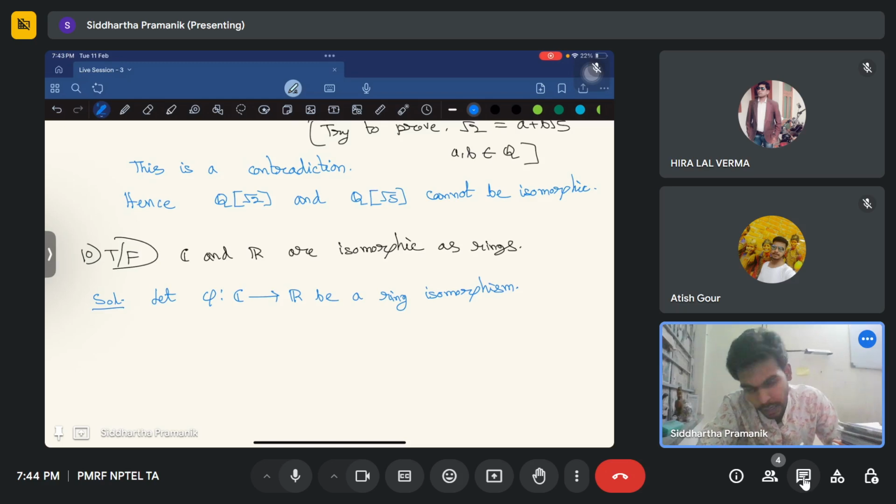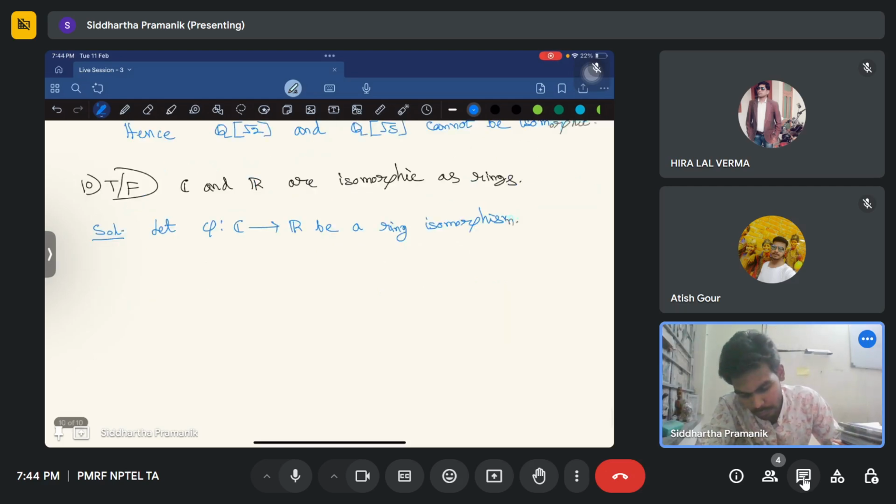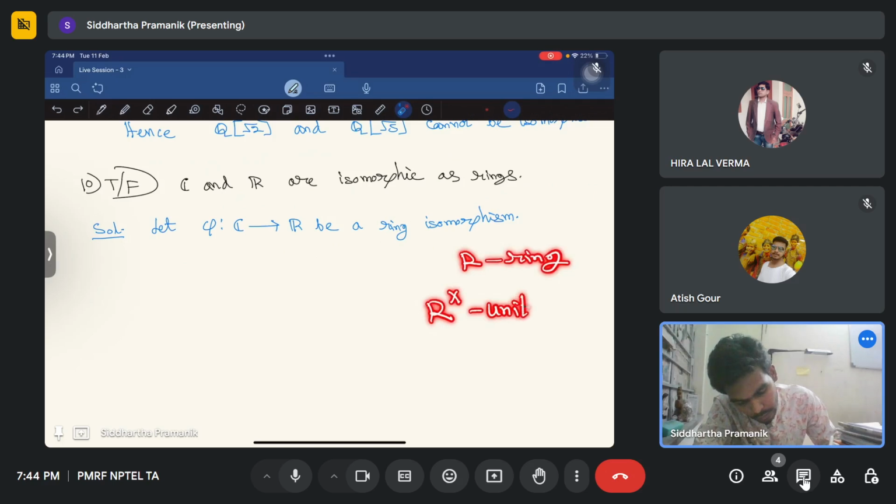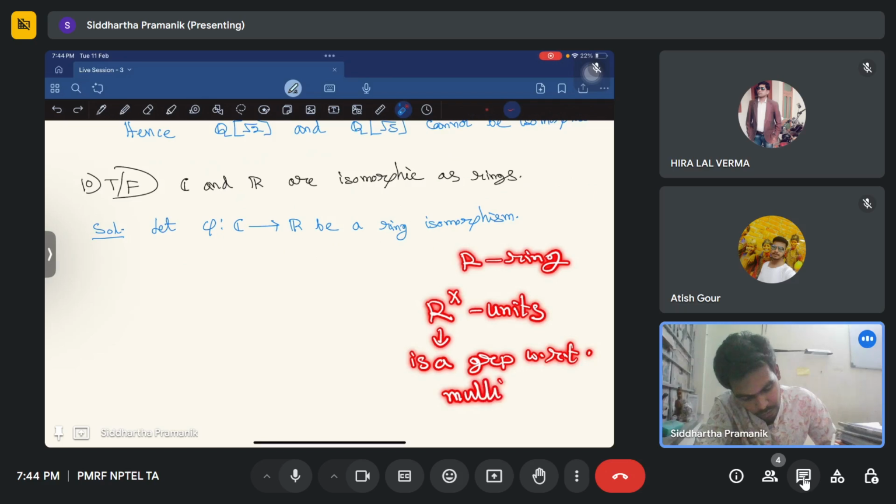So then phi preserves addition as well as multiplication. And also for a ring R, recall that if you take a ring R and take all the units, then this is a group with respect to multiplication of the ring, right?